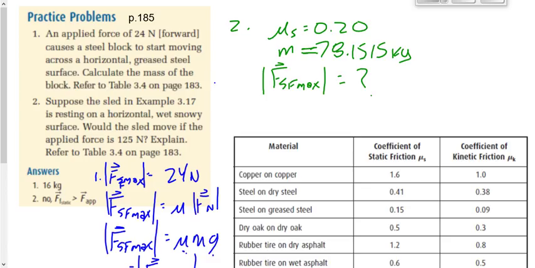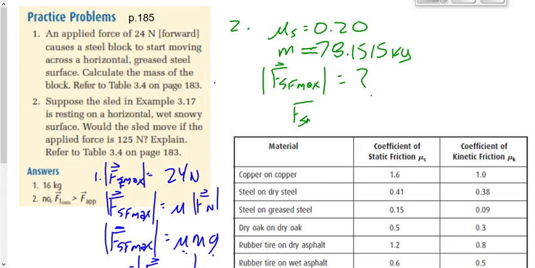It's asking us that. Is 125 big enough? With Jacob's desk again, we had 100 newtons as the maximum force of static friction. If I said, is 80 newtons big enough to get it moving? You would say, no, because it's not bigger than the maximum force of static friction. Is 125 newtons big enough to get it moving? I don't know. I need the maximum force of static friction to see if 125 is bigger than that. So let's get that now.